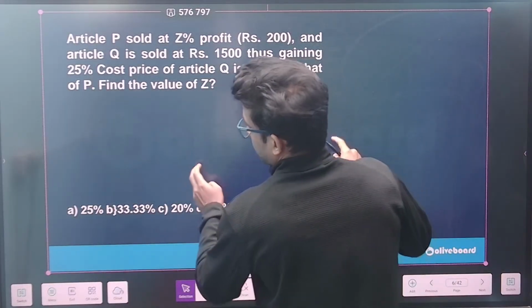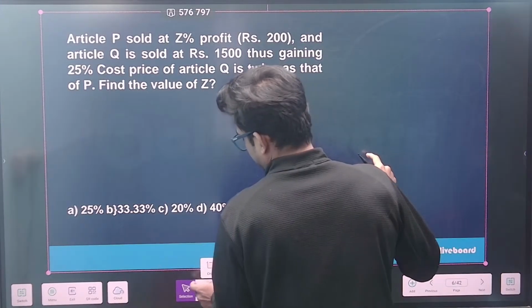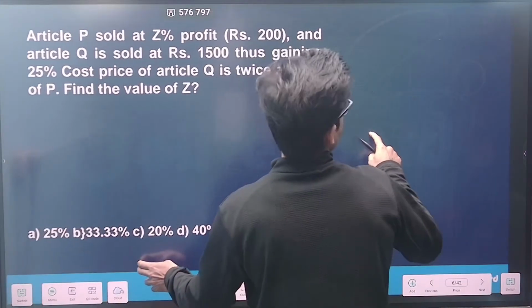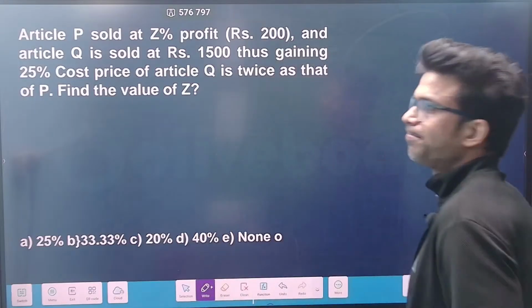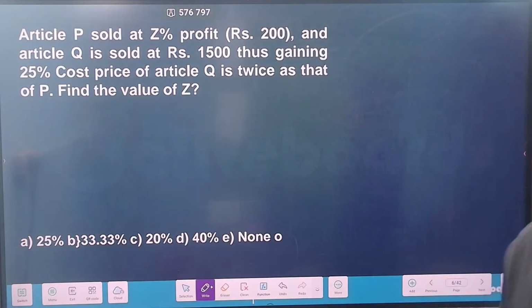Come on, if you can solve this question, let me give you the timer. Just try reading it.